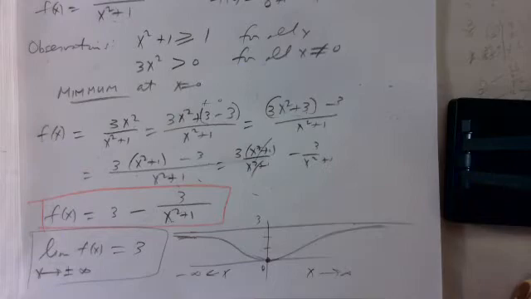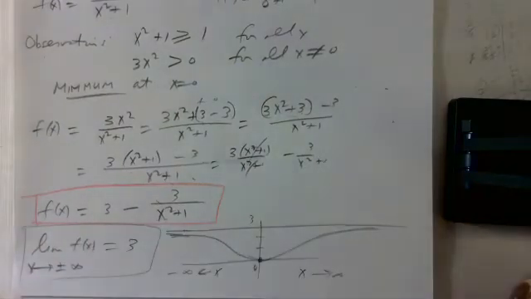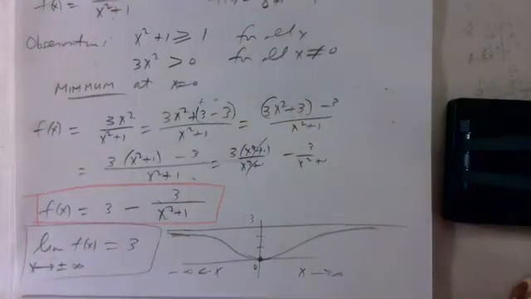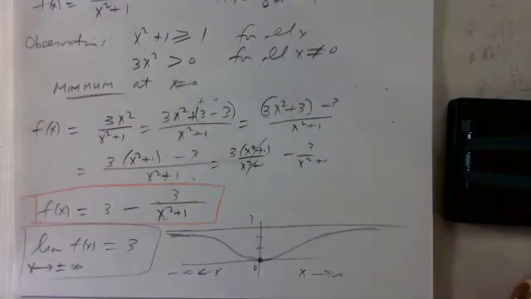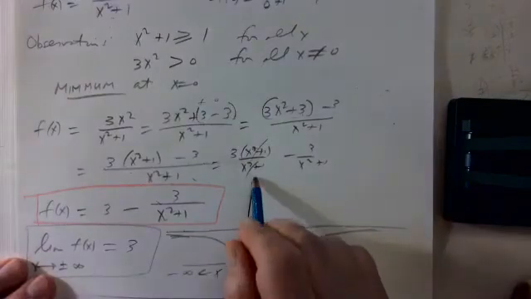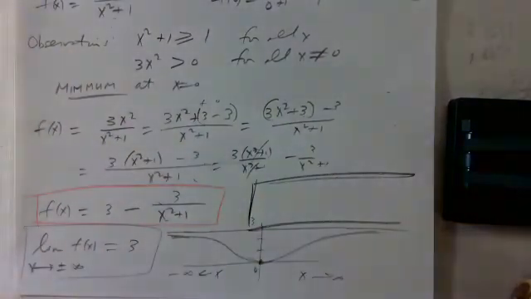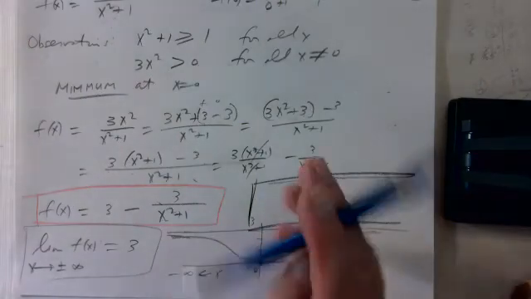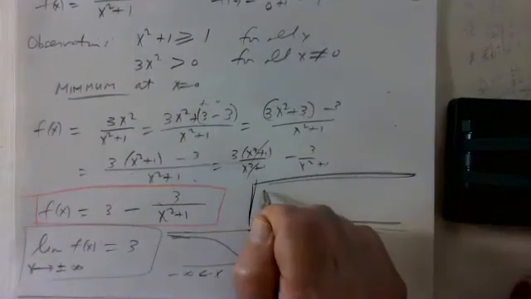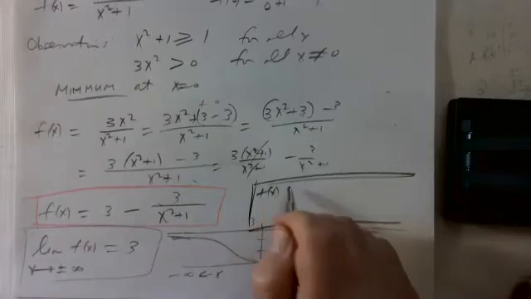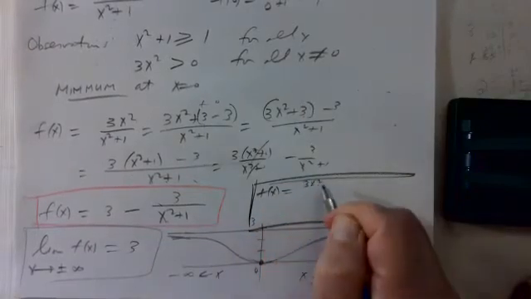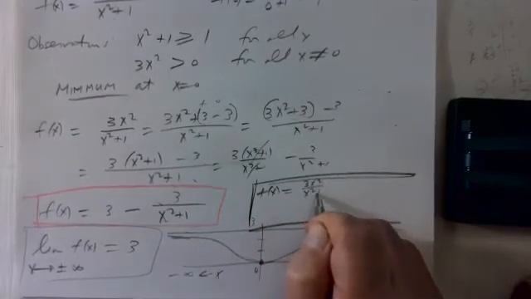There are other ways you could have done it. For example, I could have said f of x is 3x squared over x squared plus 1.